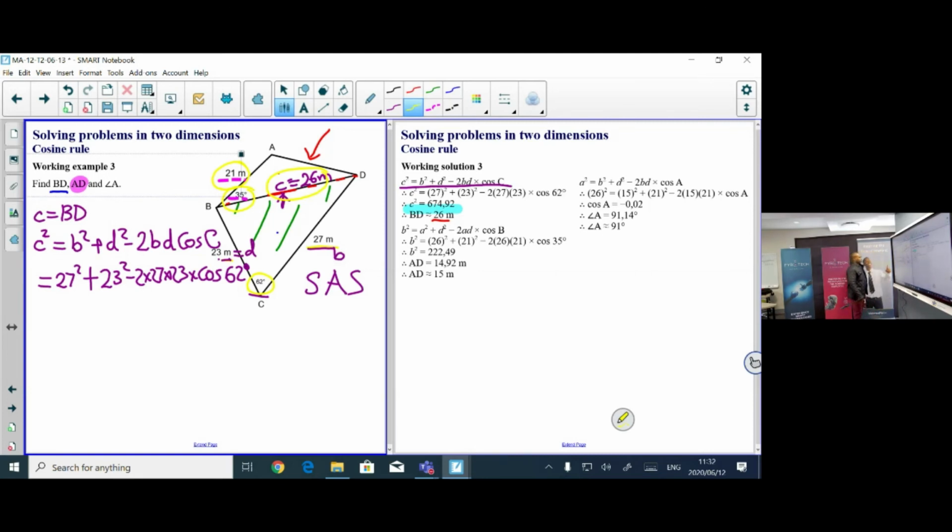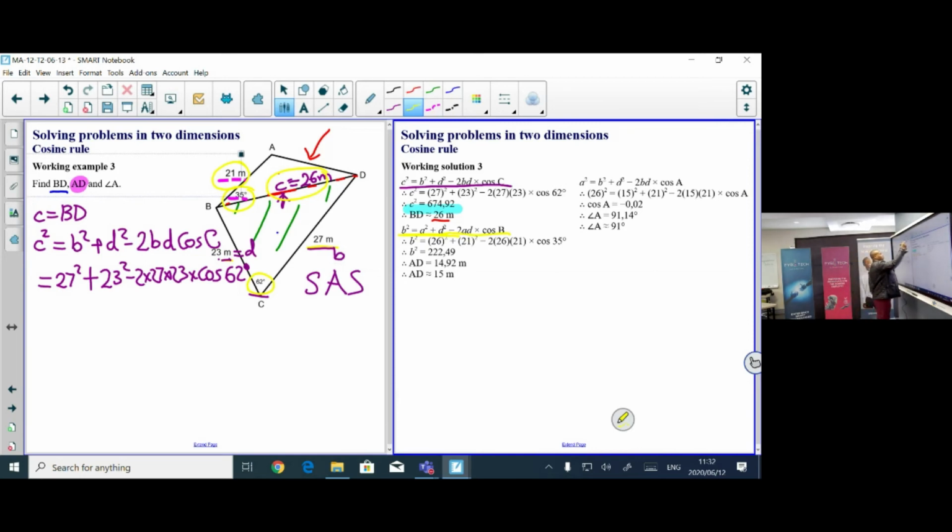So which means we can now use it to find AD, which happens to be only on that small triangle. To do that, you can use the cosine rule to find that small b. So in this case, that's your small b here.